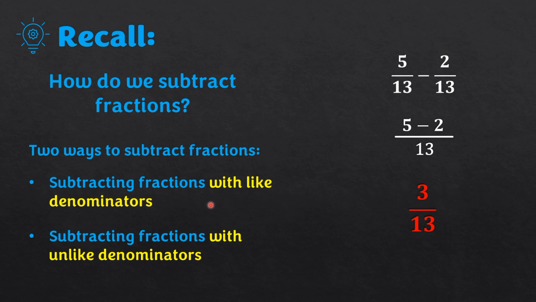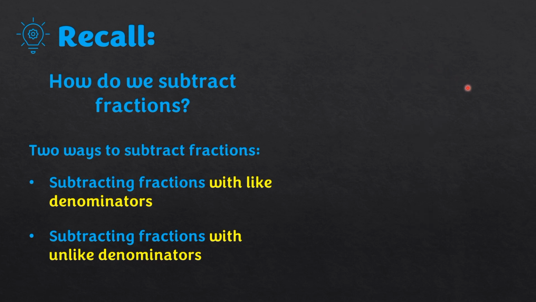How about if we have unlike denominators? Let's have this example. 2 over 3 minus 2 over 6. The first thing we're going to do is to find the least common denominator, or LCD. By doing that, we will get the prime factors of 3 and 6.